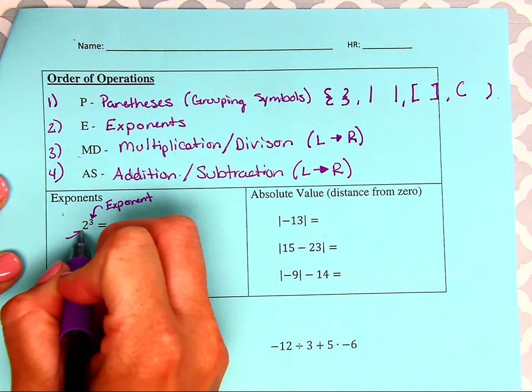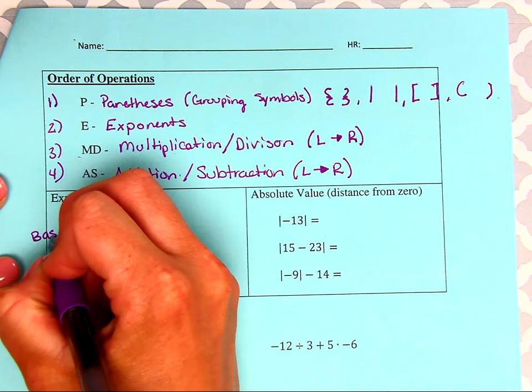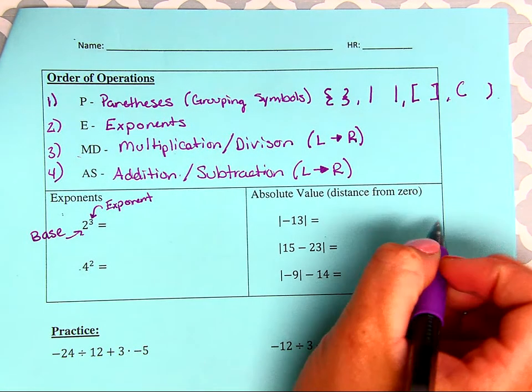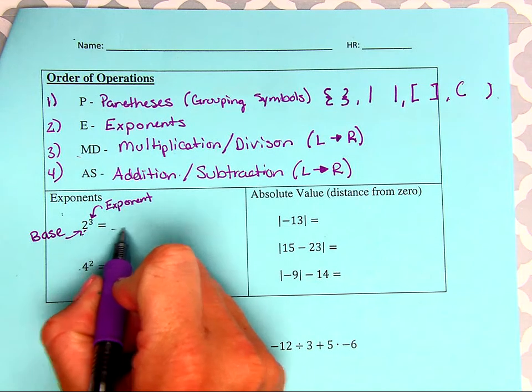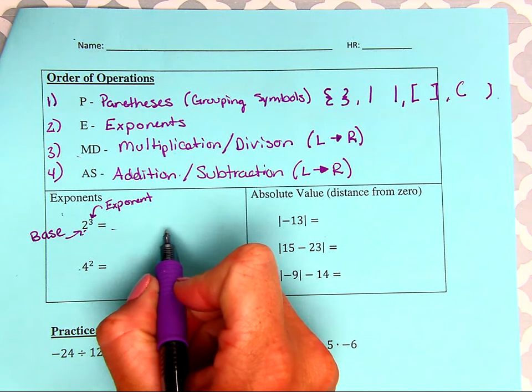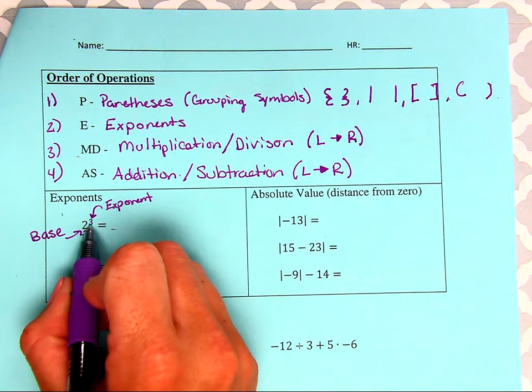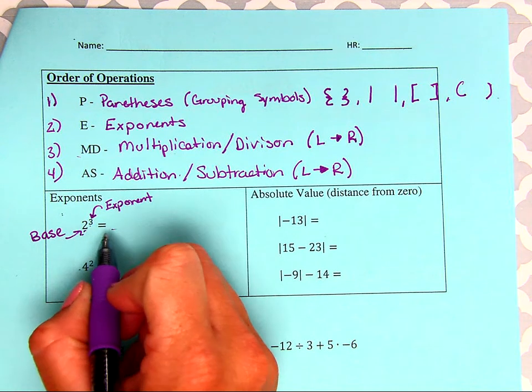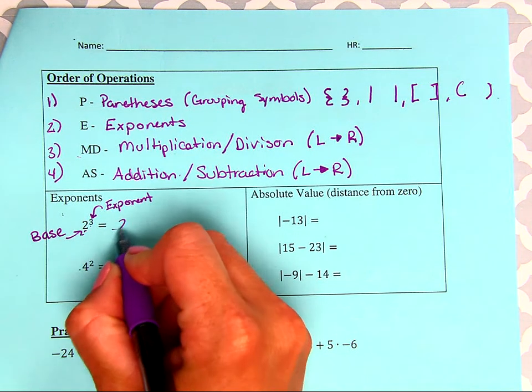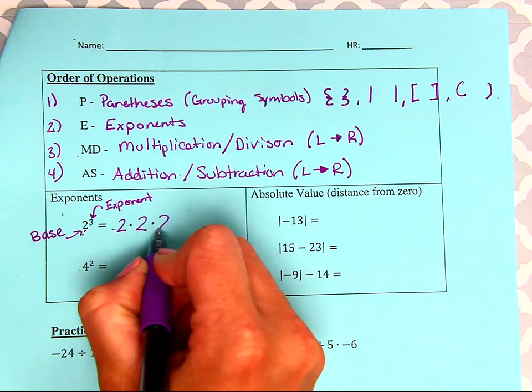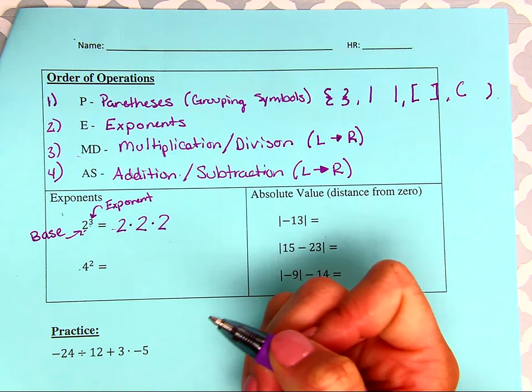The big number is called the base. The only number that appears when we look at the expanded form of an exponent is the base. The exponent just tells us how many times that's going to be multiplied together. So this is going to be 2 times 2 times 2.